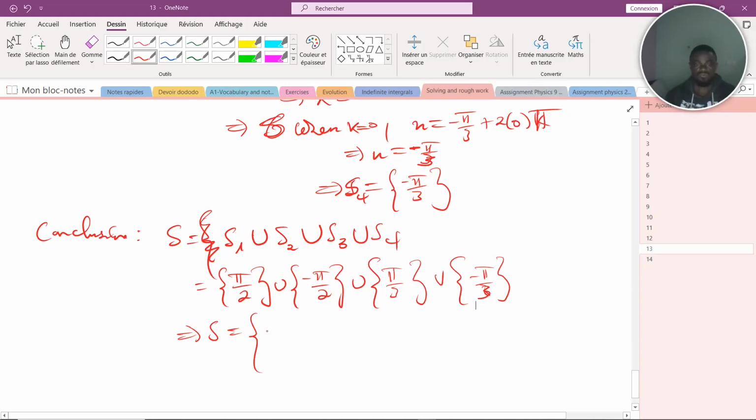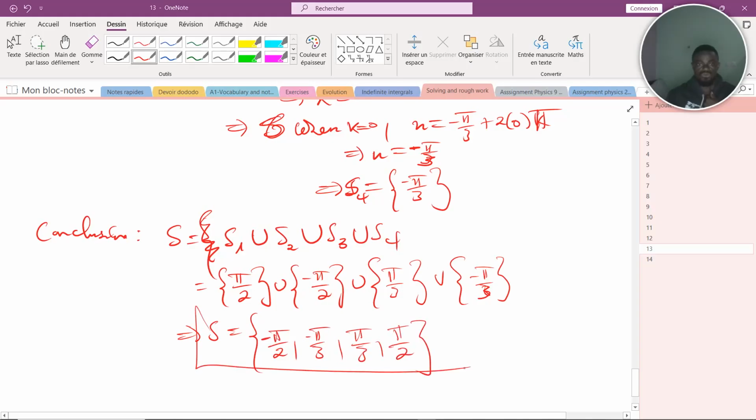So we're going to have minus pi on 2, minus pi on 3. After that, we have pi on 3 and pi on 2. So that's the solution on the interval minus pi, pi.